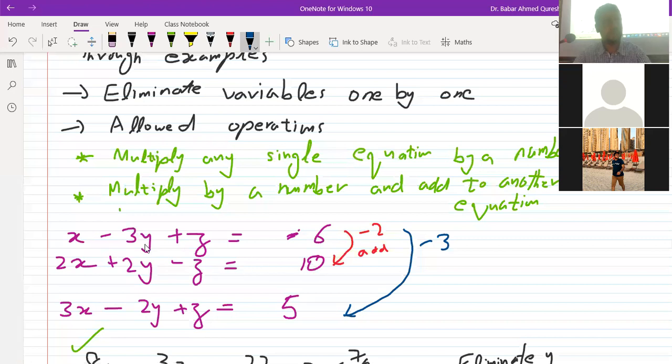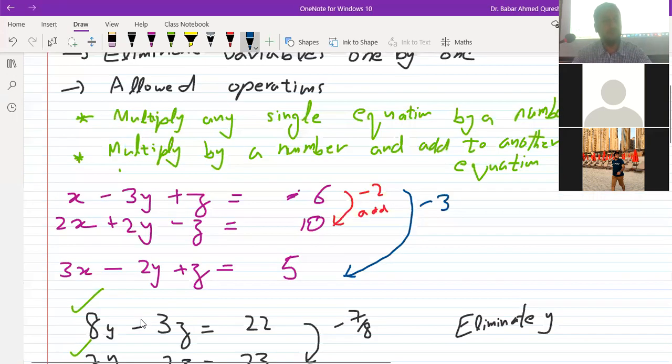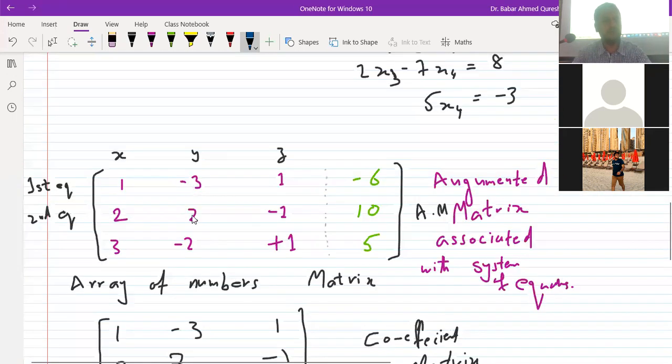And if I see y, what are its coefficients? In my augmented matrix or my coefficient matrix, the second column would be 3, minus 3, 2, minus 2.